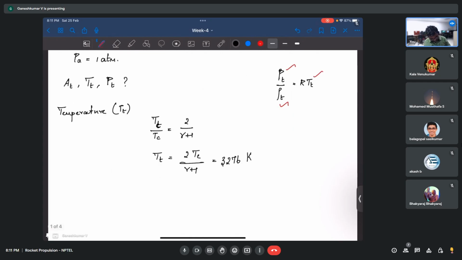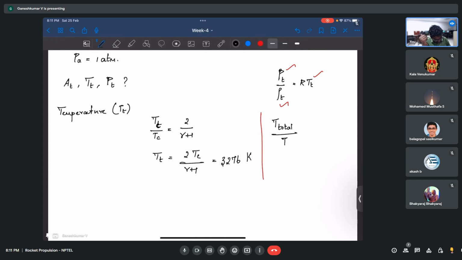Or let me state a more general formula used for this. The combustion chamber temperature we usually call the total temperature. But since you are not aware of it yet, we write it like this. We will come to that. What is total temperature?